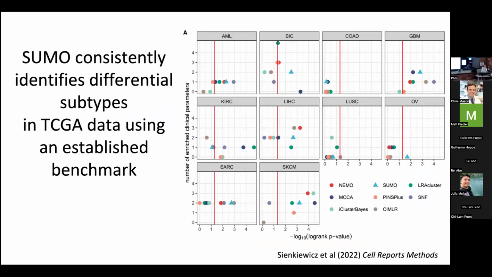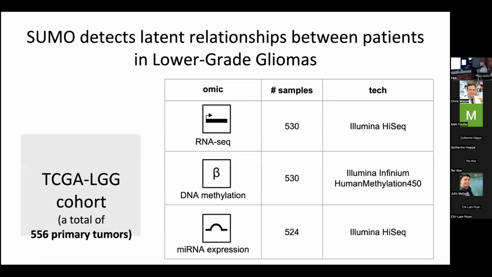So this was benchmarked on TCGA, and generally it did pretty well. It worked for all of the methods on different samples, and for some samples, like this ovarian cancer, for example, it identified groups of patients that had either significant differences in survival or significant differences in clinical label enrichment, like age, for example, or sex.